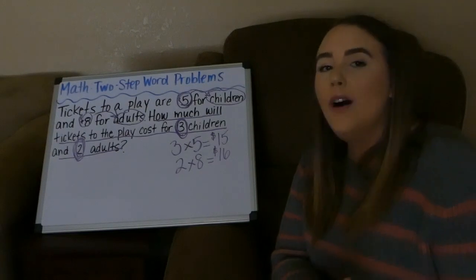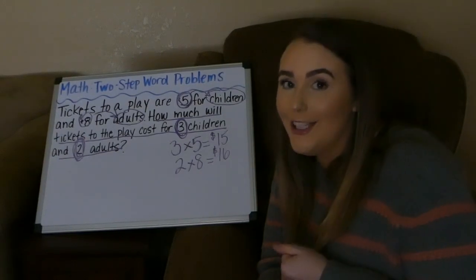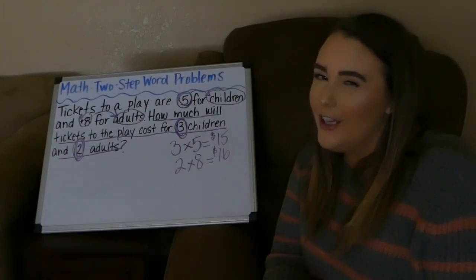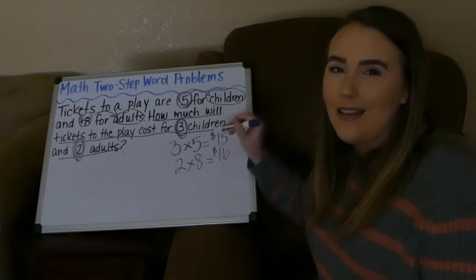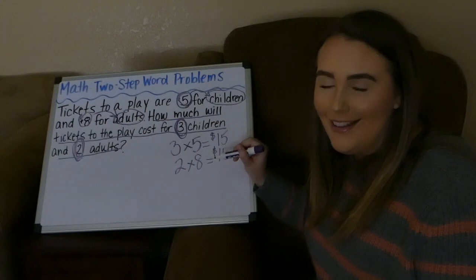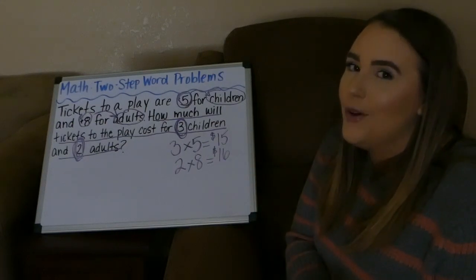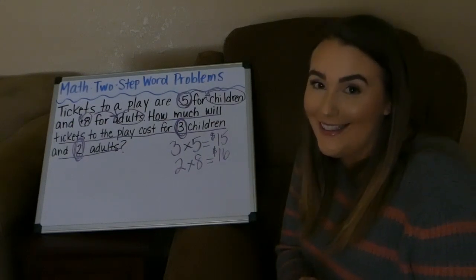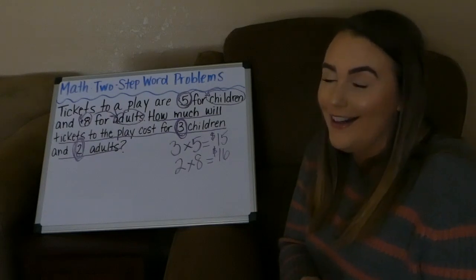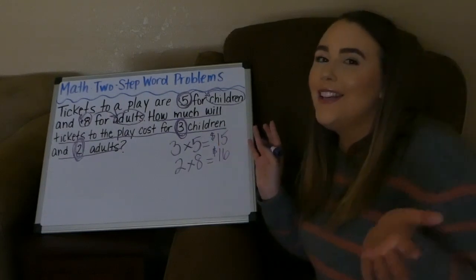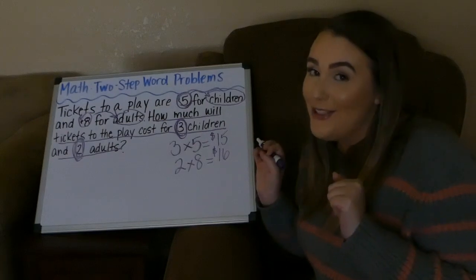No. So what operation will you need to use to figure out how much money you're going to be spending all together? I use that keyword all together. What operation do you think I'm going to be using here? Addition, subtraction, multiplication, or division? Again, I invite you, pause the video, have the conversation, and tell me what you think.